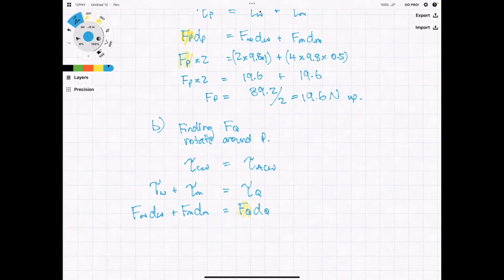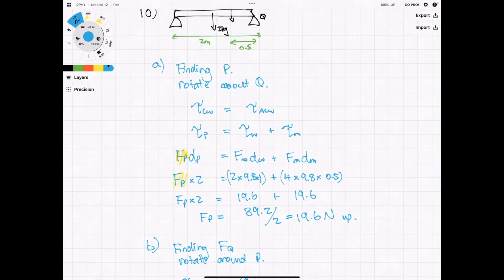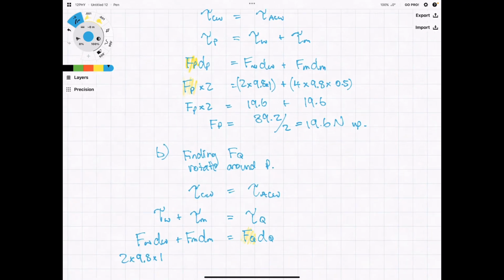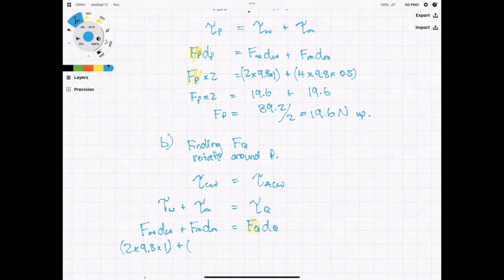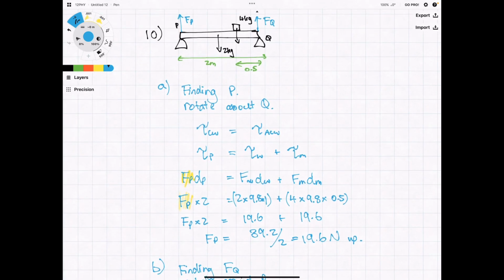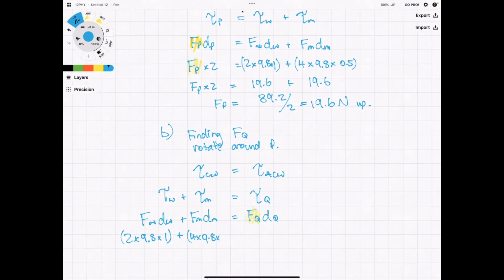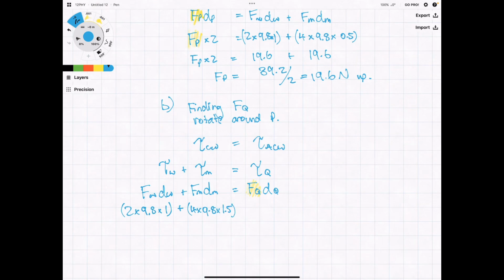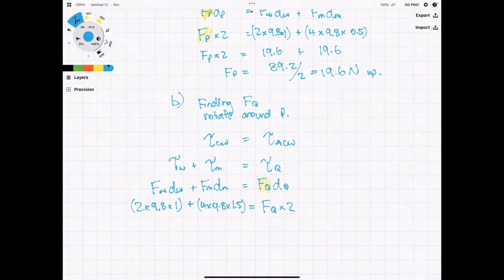If we remember from before, our weight force of the plank, 2 times 9.8 times the distance of the weight force from there, which is still 1, plus the weight force of the mass, which is 4 times 9.8 times the distance of the mass from P, which would be 1.5, equals FQ times by 2, because Q is 2 meters from P.